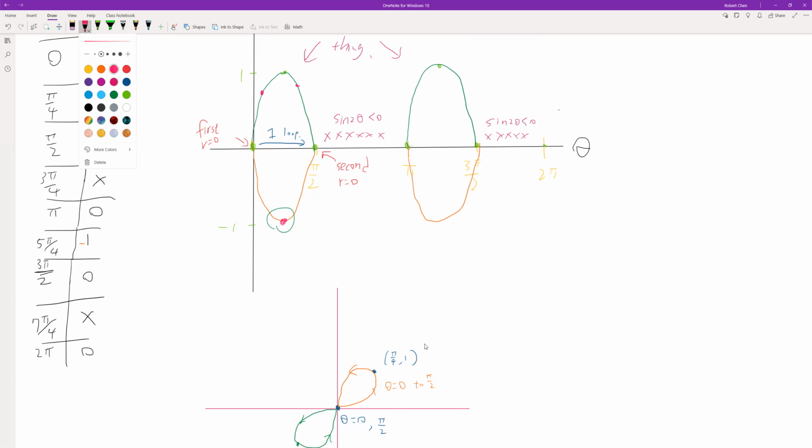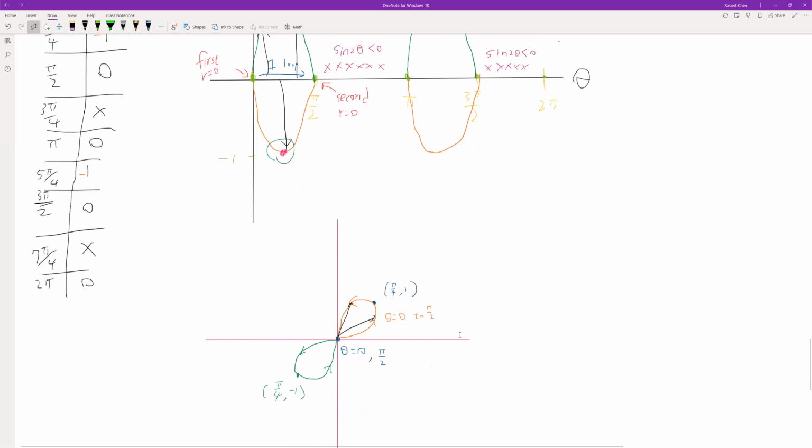So these 2 points, let's do a quick reference. It's saying something about these 2 points, right? And this one on the bottom is talking about pi over 4 and -1.